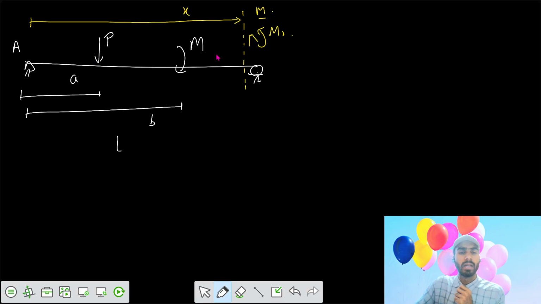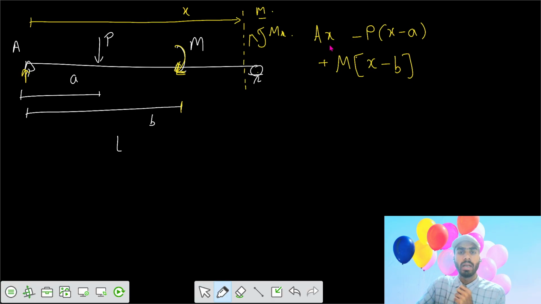The reaction here is upwards, A. We can write A into x, then minus B acts at x minus A. Then after that we have a clockwise moment of plus M. We have to show where the moment is acting, so we write the moment is acting at x minus B.